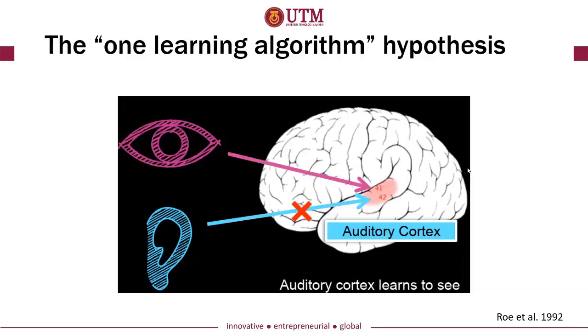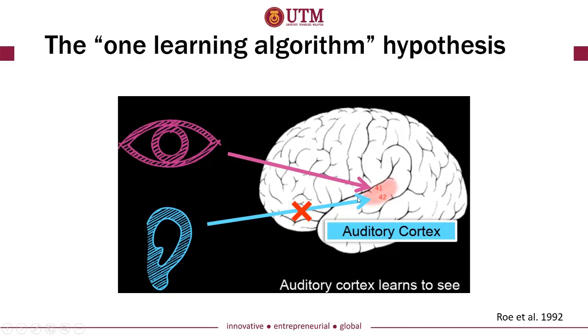This comes from research by Roe et al. in 1992. The hypothesis behind the one learning algorithm is this: take the brain region that processes sound coming through the ears, which we call the auditory cortex.